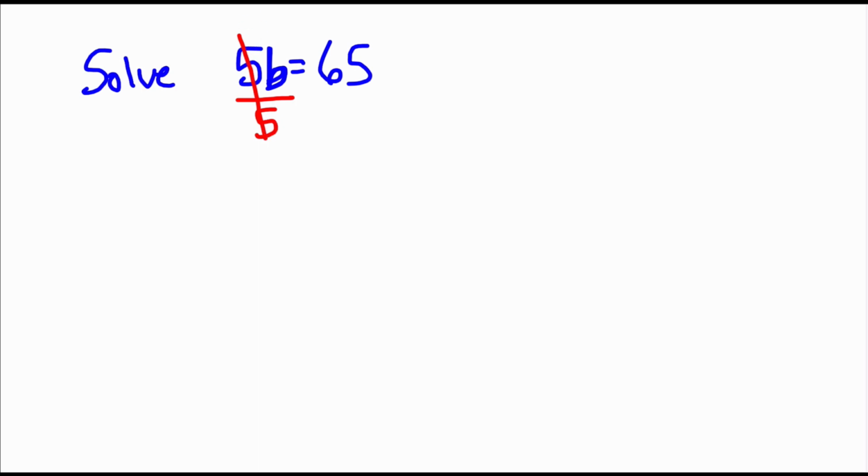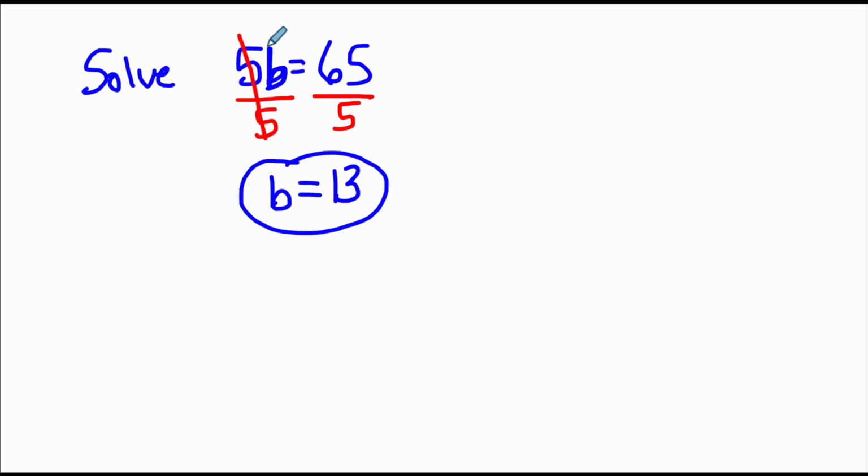So that's going to leave on the left side of the equation b, and on the right I need to do exactly what I did on the left, which is divide by 5. And 65 divided by 5 is 13. So I'm left with a solution of b equals 13.